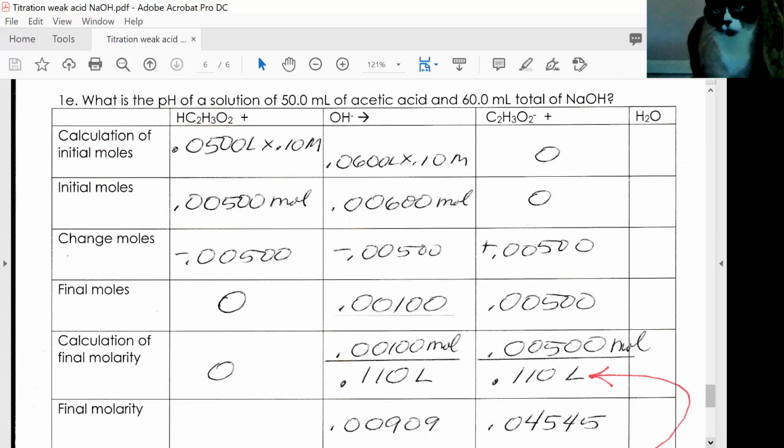We're going to subtract 0.00500 moles from our hydroxide. So we're losing our reactants, and we're gaining our products, which is acetate. So plus 0.00500 moles of acetate.